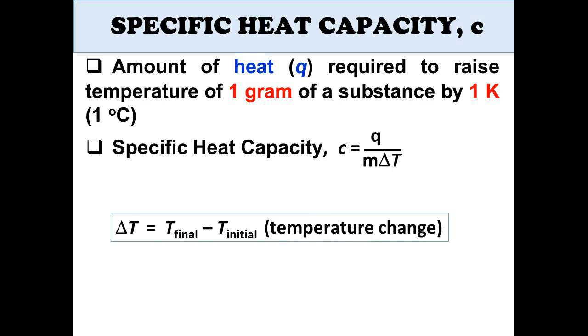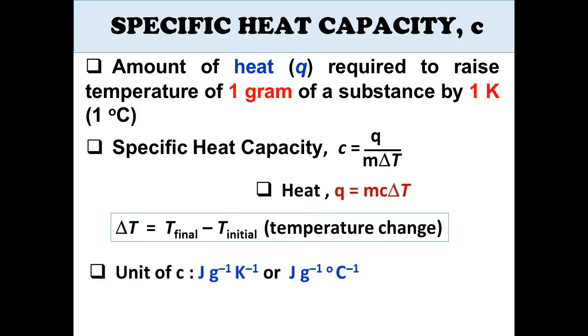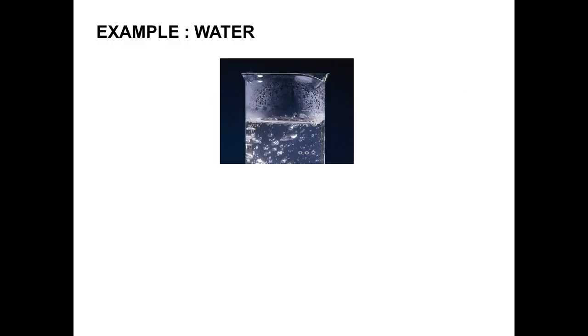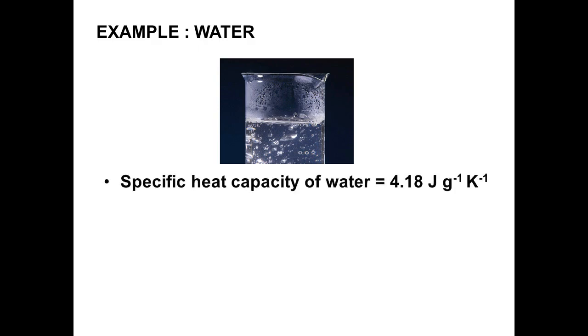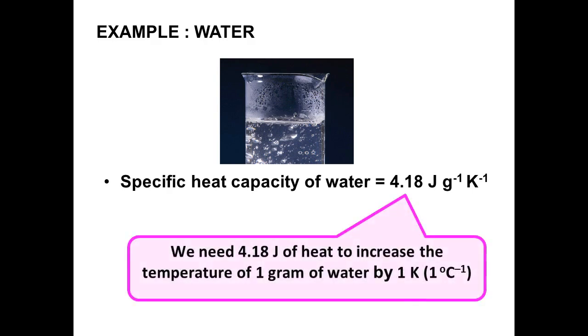The unit of specific heat capacity is Joule per gram per Kelvin or Joule per gram per degree Celsius. For example, the specific heat capacity of water equals 4.18 Joule per gram per Kelvin. That means we need 4.18 Joule of heat to increase the temperature of 1 gram of water by 1 Kelvin.